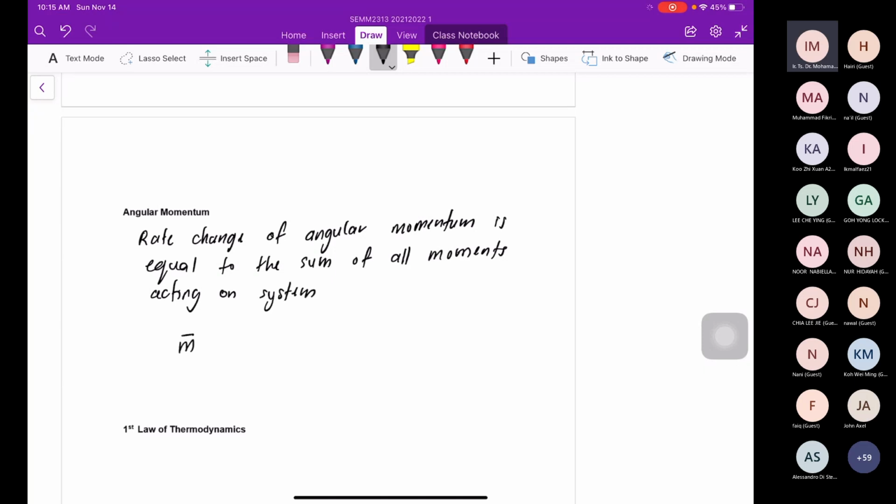So this is the symbol of angular momentum, equal to dH over dt, where H basically represents the summation of momentum, r minus b. Sorry, r minus b. And then multiply with the summation of moment.